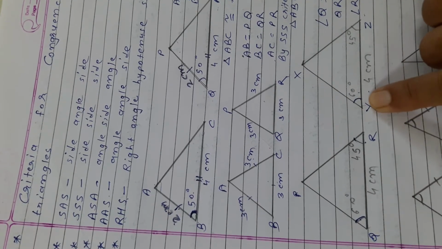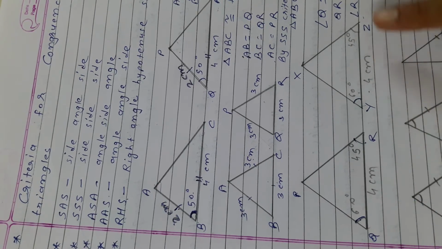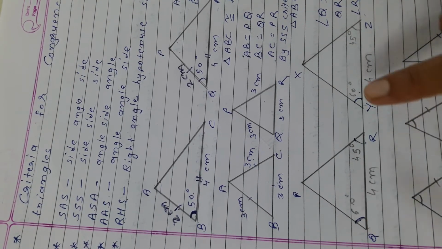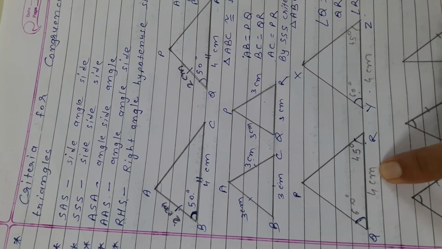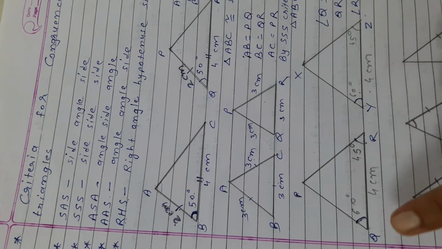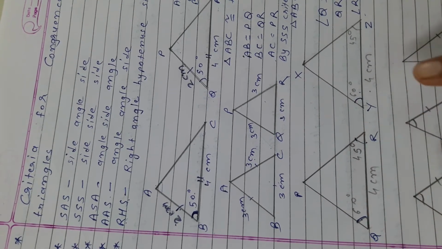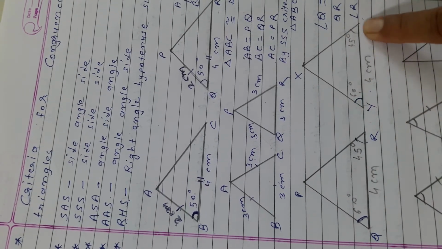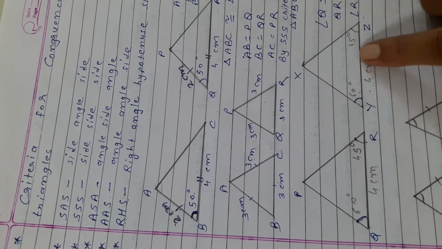Angle Q corresponds to angle Y, angle R corresponds to angle Z. So corresponding angles are same. Two pair of corresponding angles are same, and the included side of both the angles. Here QR is included side of angle Q and angle R. YZ is included side of angle Y and angle Z. So included side of both the angles are also same.